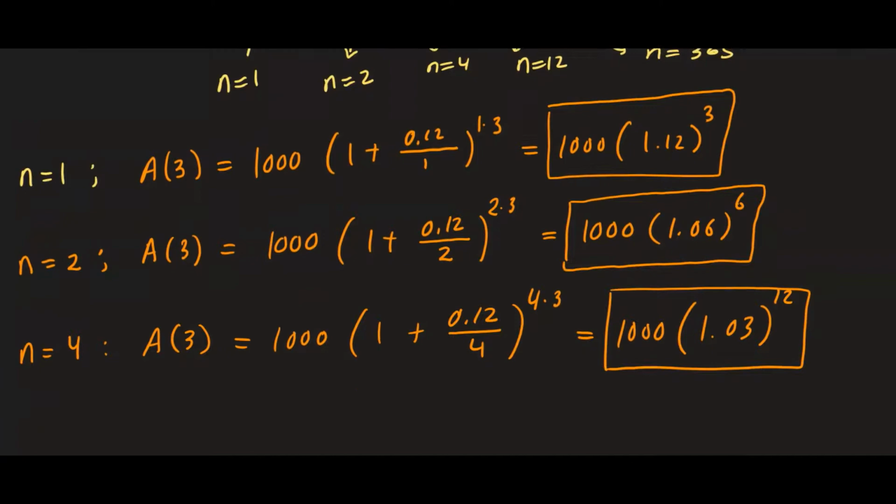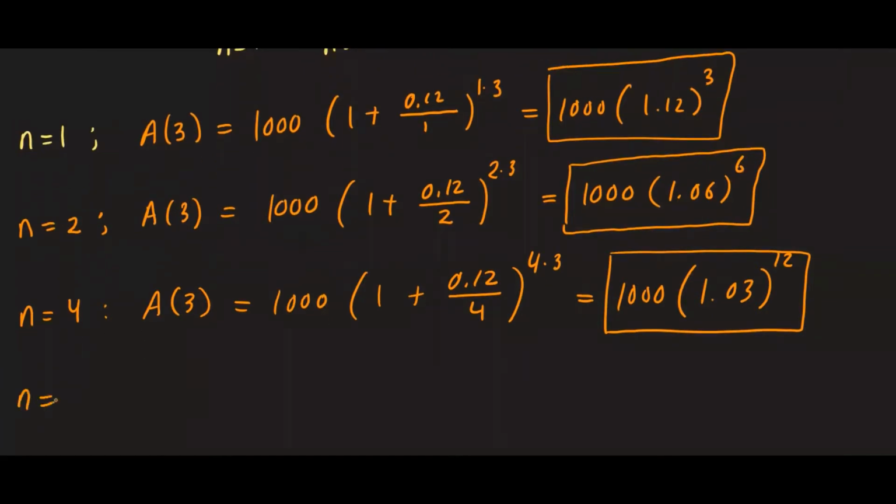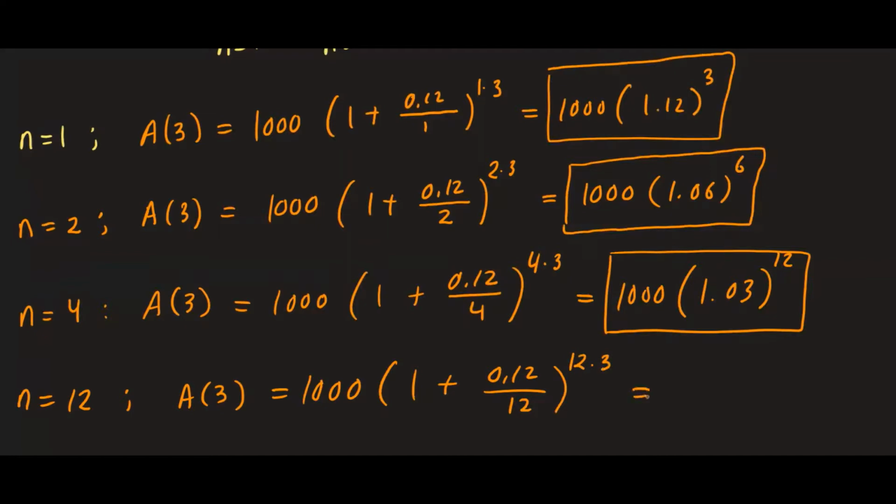And then monthly, we're going to have n equal to 12. So the amount after 3 years is going to be 1,000 times 1 plus 0.12 over 12 months, divided by 12, times 3. So we have 0.12 divided by 12.